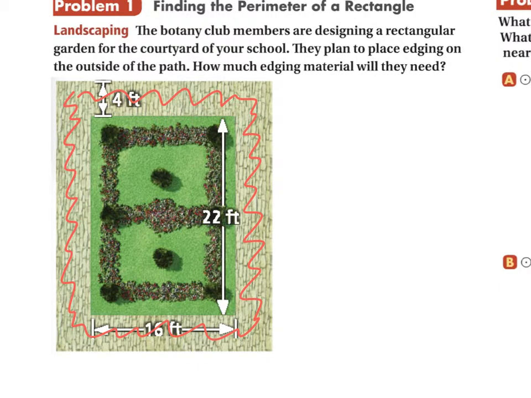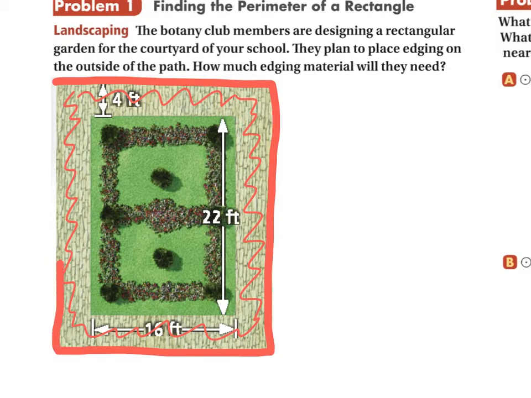So if they're placing edging around the outside of the path, that means they're putting edging out here. So now, if we're calculating how much edging do we need, what measurement are we looking for? It's the perimeter. We're looking for the perimeter of this rectangle.